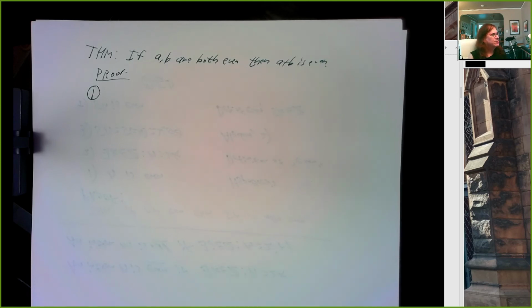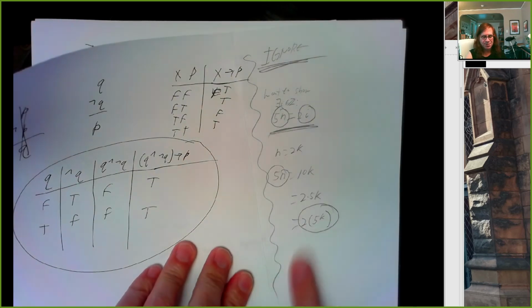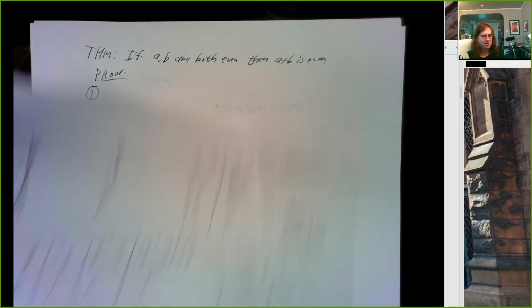Someone said even equals 2 times k, define k. K is contained in the integers. Same idea, 2k plus 2k equals 4k, and 4k is 2 times 2k. Good. So in chat, I'm seeing some good material for this ignore section, figuring out why we think this is true.